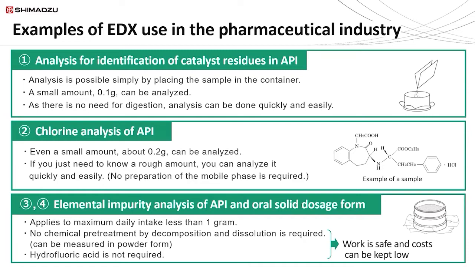Then applications 3 and 4 are, for lack of better words, more nitty-gritty and more USP-centric, where I will be using some vocabulary that comes from USP 232, 233, and 735. Applications 3 and 4 cover not only APIs, but a matrix that would be in a solid dosage form, like for example a tablet or a pill.